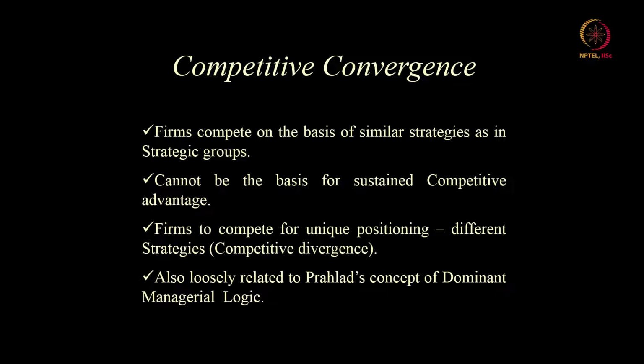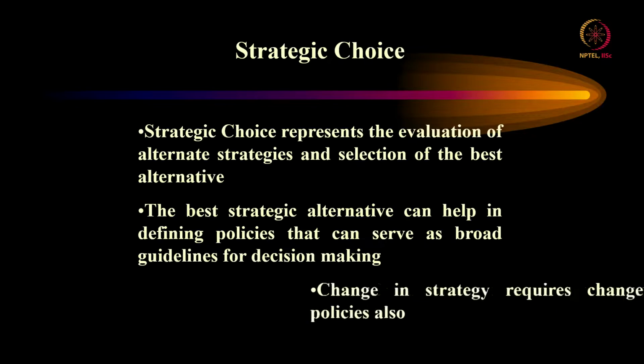It cannot be the basis for sustained competitive advantage. Kindly note this. Firms competing for unique positioning, that is different strategies, it is competitive divergence, also loosely related to Prahlad's concept of dominant managerial logic. So, this is how it is.